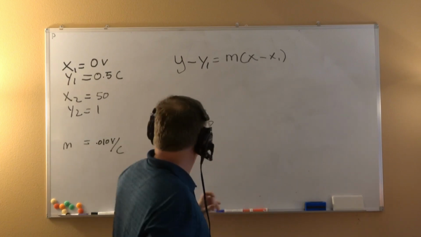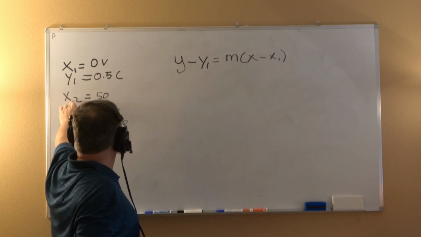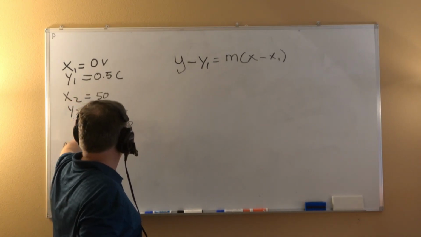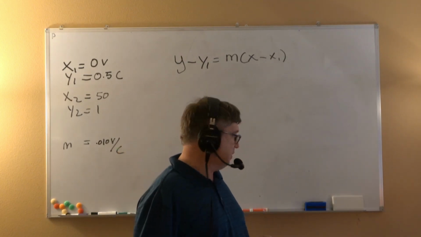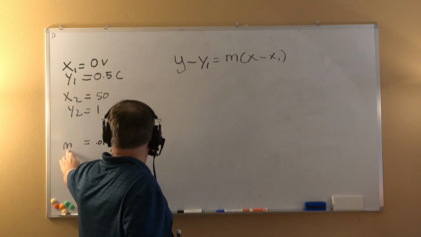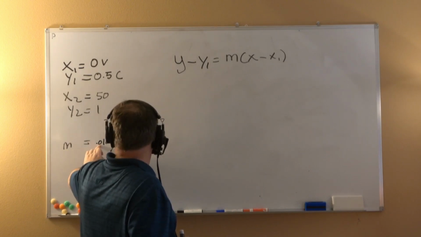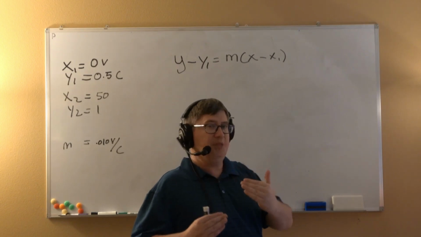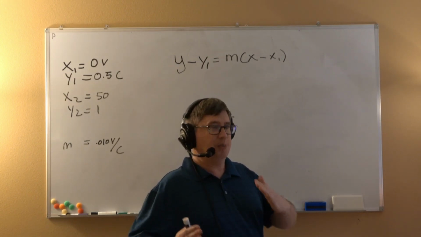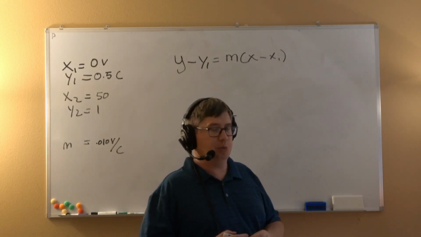We also know that I picked x2 equals 50 and y2 equals 1. That was in the last video that we just did. We know that M equals 10 millivolts per Celsius. If you don't know what that is, remember, anything per anything, something per Celsius, means it's going to be a slope.